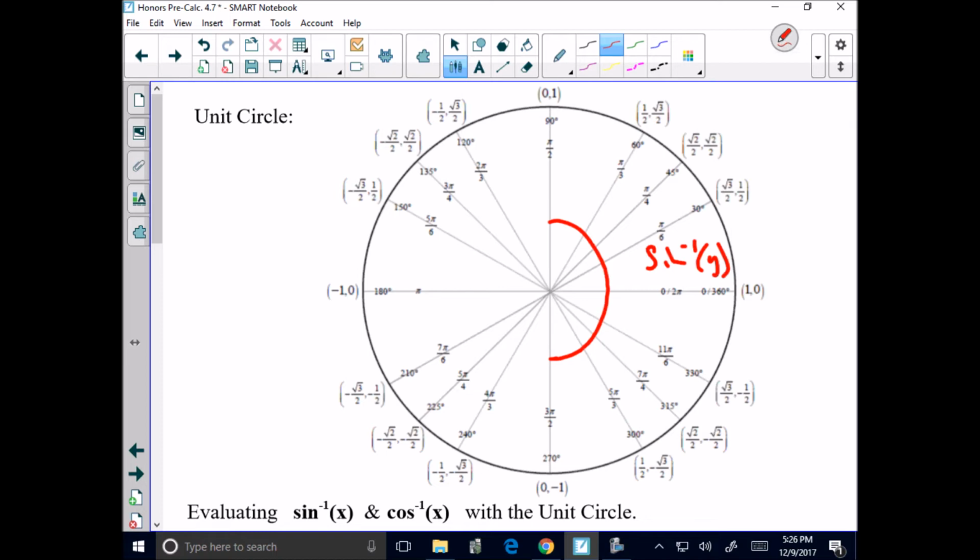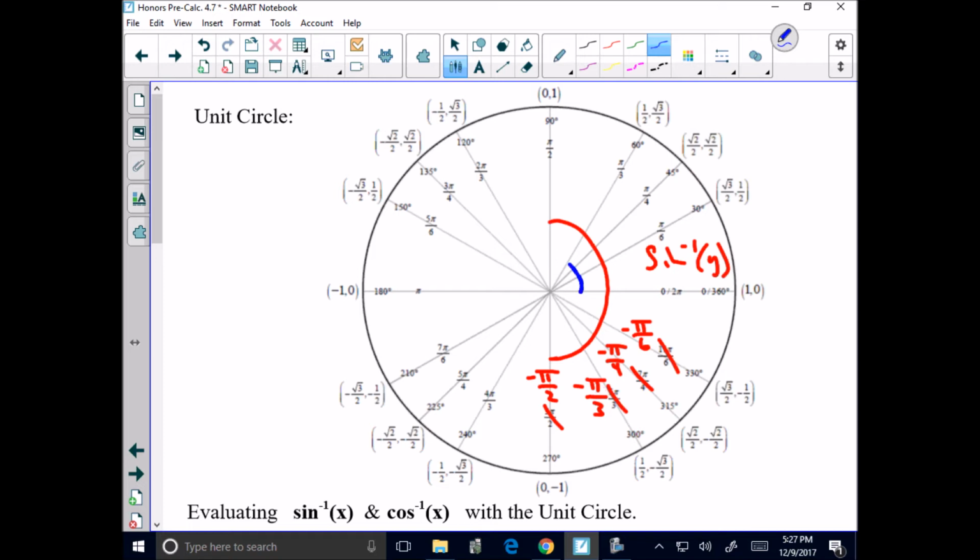Now what that means is that the rotations of 3/2 pi, 5/3 pi, 7/4 pi, and 11/6 pi are actually going to be given as outputs as negative pi over 6, negative pi over 4, and negative pi over 3, with that final rotation as negative pi over 2. So we want to think about each of these stops as actually being a negative rotation down instead of a rotation all the way around into the fourth quadrant.